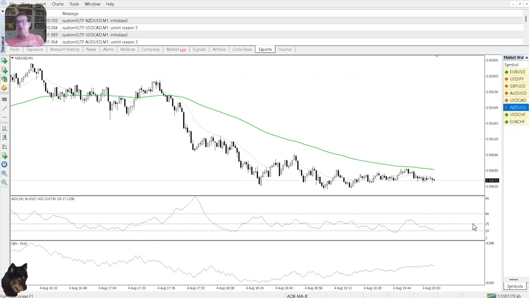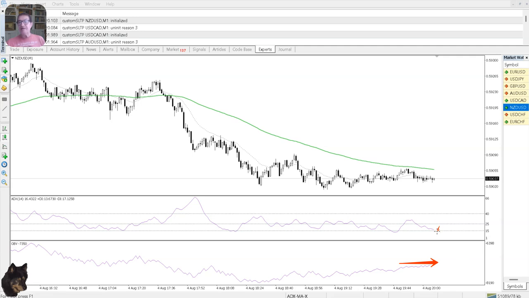And here we go. We're sitting in a weak trend. And although the minus DI is greater than the plus DI, the trend is somewhat weak, and OBV is flat as well. Right here you can easily tell that it's flat. This is somewhat weak.